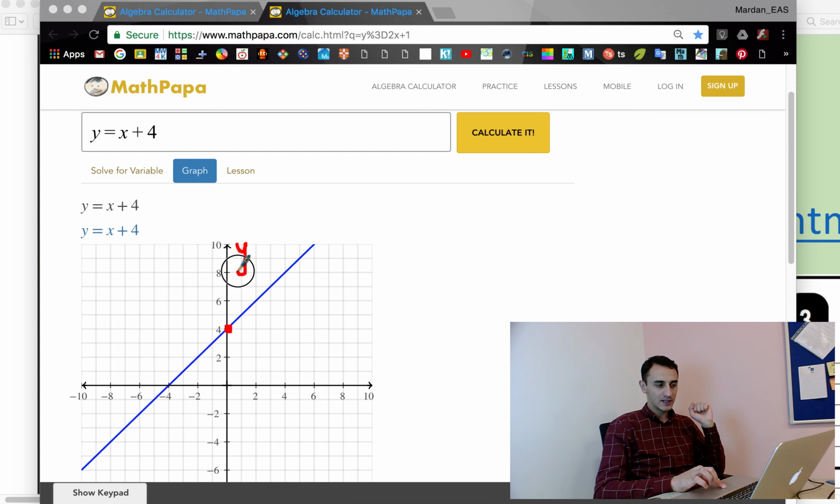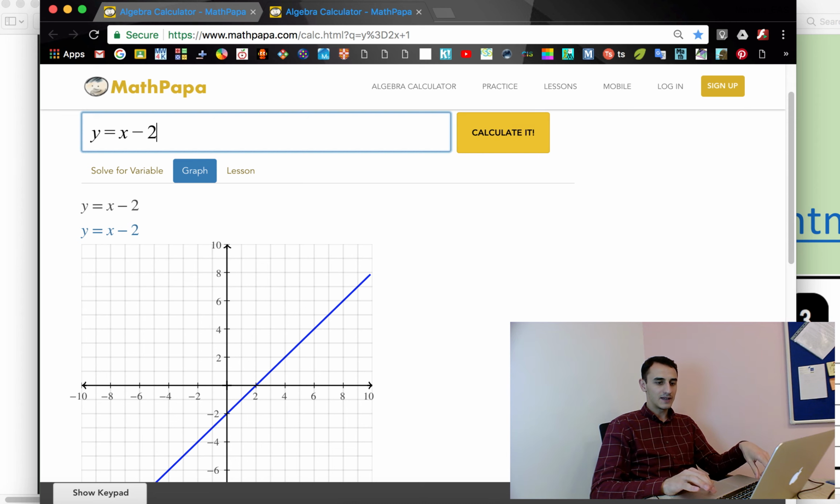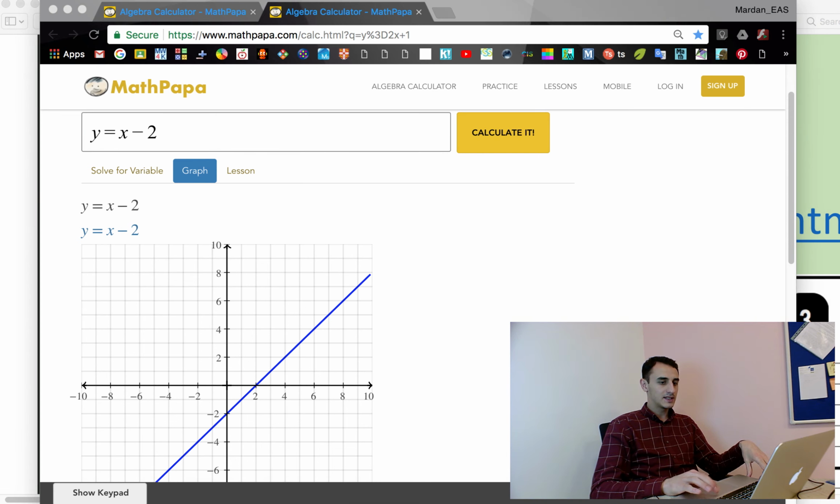This is y coordinate, right? Y-axis actually. And we have a 4 here. Clear? Let's try another one. Let's write, for example, negative 2. And again you can see that our line passes through the negative 2, again, on y-axis, not on x-axis. On x-axis it is positive 2.